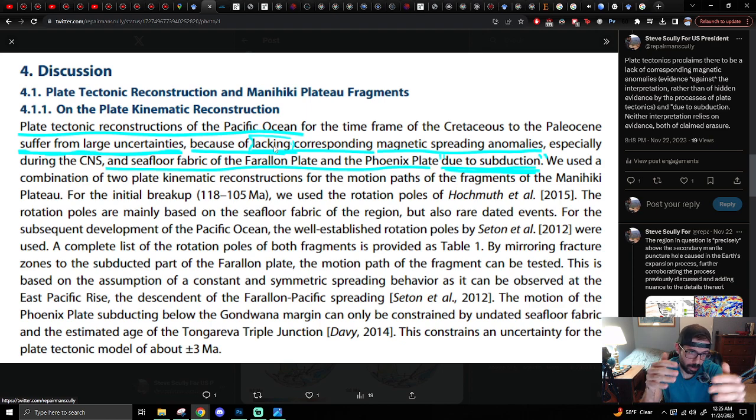Not the whole time, but when it formed, generally at the Ecuadorian margin, and then became part of Ecuador as a basement rock. And so it wouldn't have these magnetic spreading anomalies. So the lack of them is not really an issue in an Earth expansion model, but it is an issue in a plate tectonic framework.